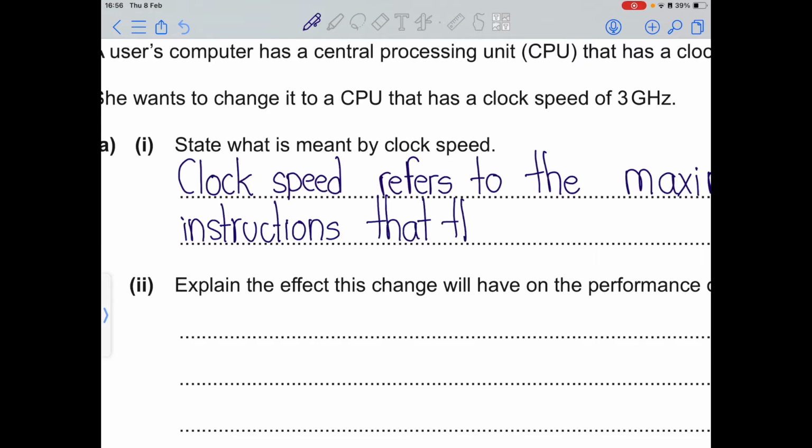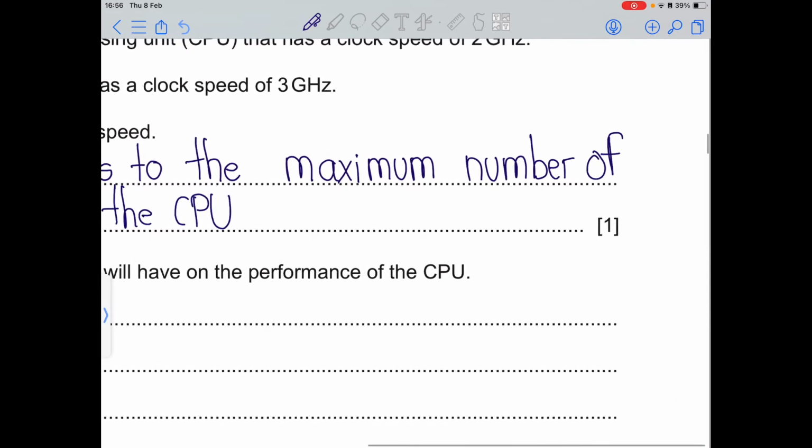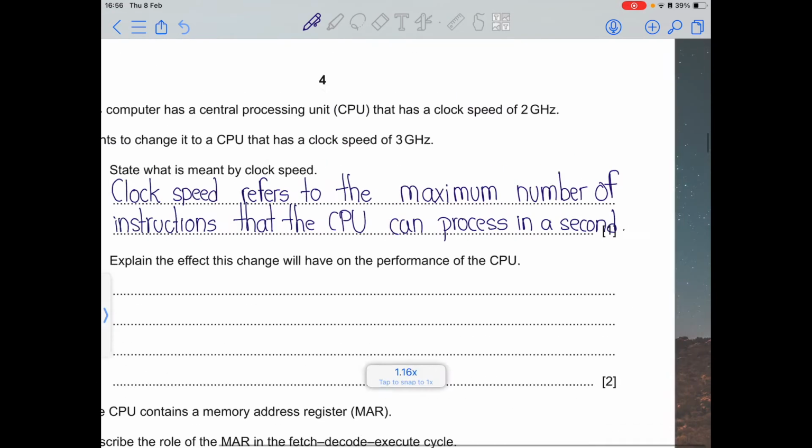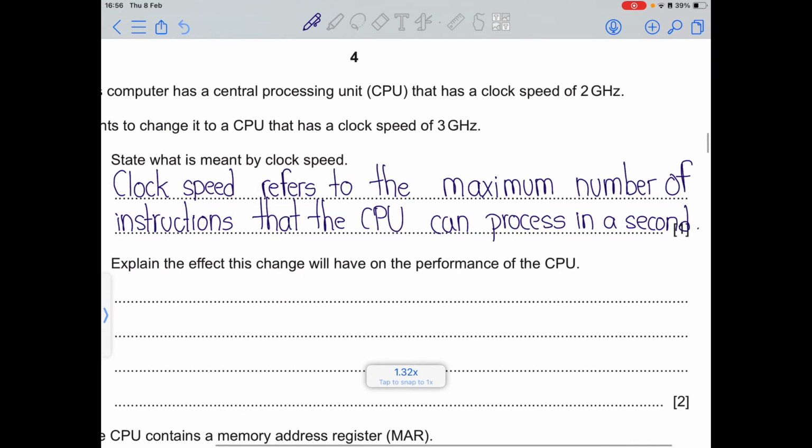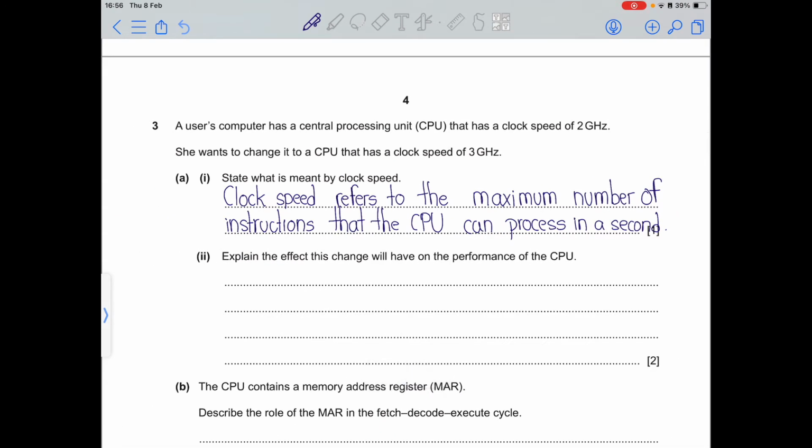So if you have a clock speed of, let's say, 3 GHz, that means you can perform 3 billion cycles of the fetch, decode, execute cycle. So 3 billion instructions can be executed in a second. That is the maximum that the CPU can process in a second.